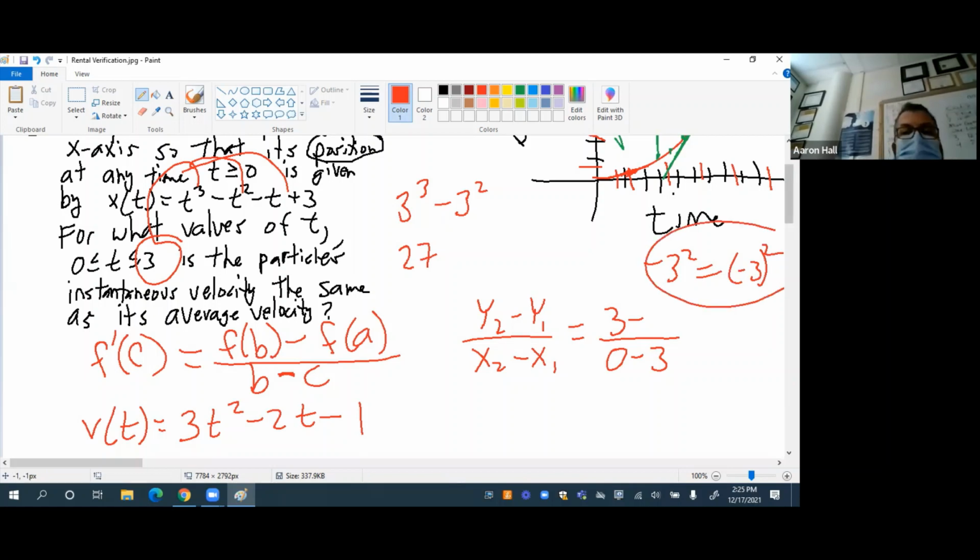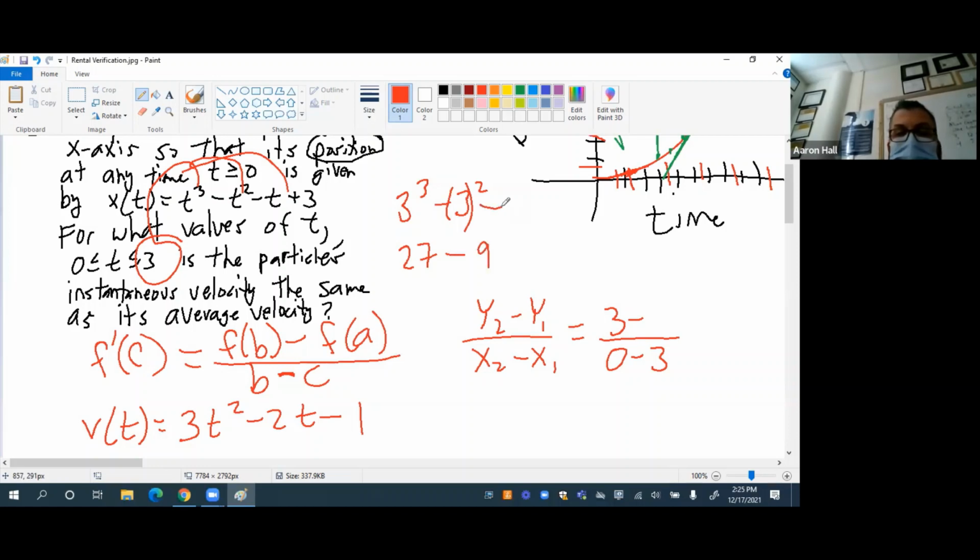No. One's -9 and the other's 9. Actually, I don't think parentheses matter here. So what's that? 9.